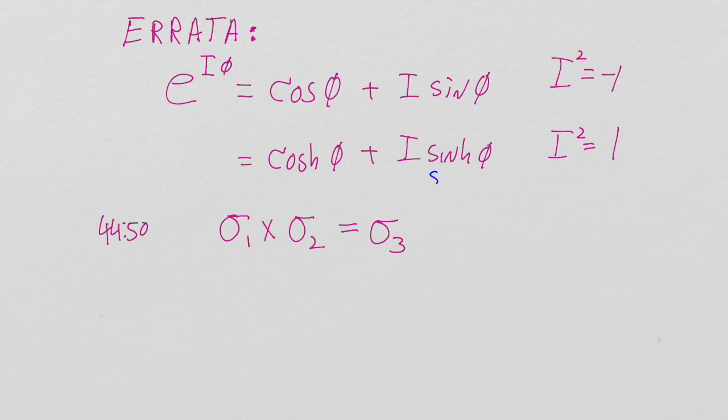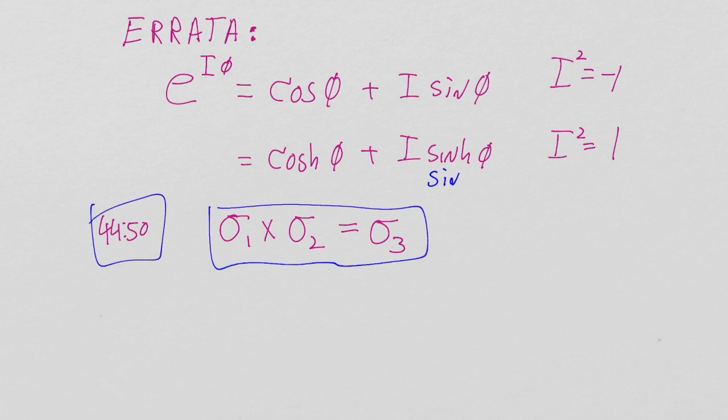I think for some reason I left off the h in the last lesson. And also around 4450, I wrote down this expression, which is true. This is the correct expression. I think I left a 2 here, right? So those two little errors, I'm sure there are others, and I'll cover them in later errata.